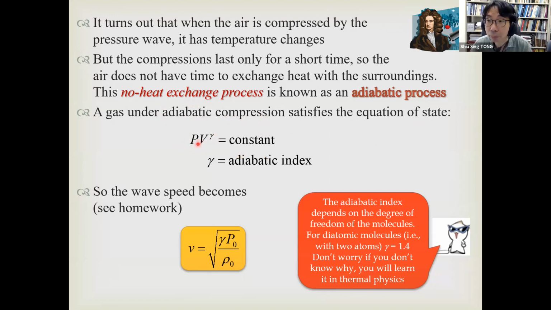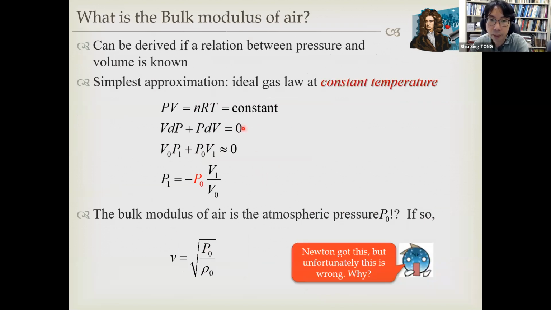Instead of just writing PV equal to constant, which corresponds to a constant temperature. If I assume an ideal gas and I assume that PV is a constant, that means the temperature T is a constant. That is a necessary consequence of applying the ideal gas law. That is Boyle's law, right?